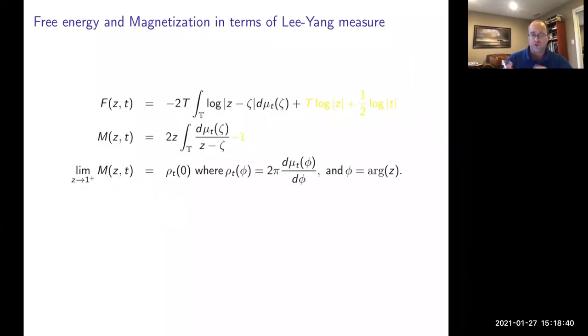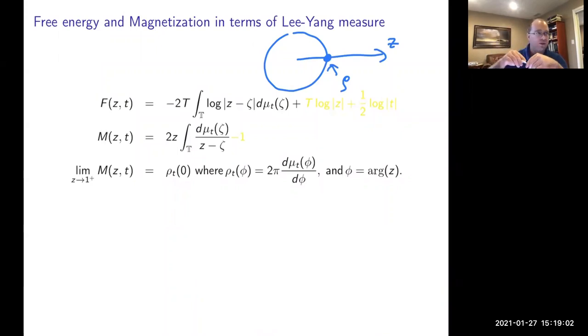If your limiting measure of Lee-Yang zeros is absolutely continuous with respect to Lebesgue, this is the density of that measure at angle 0. So if you look on the circle, and remember this was the physical z, if you take the density rho right there, that density of the limiting measure of Lee-Yang zeros is exactly how much spontaneous magnetization you have.